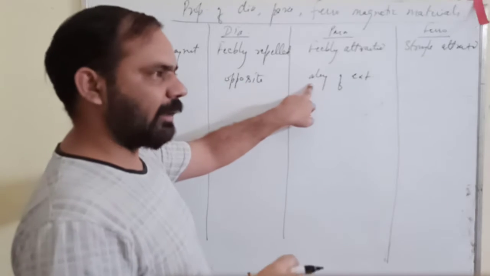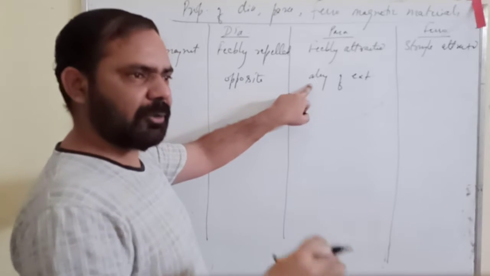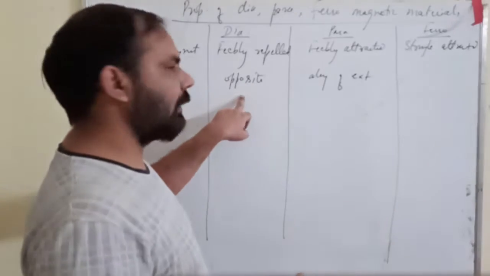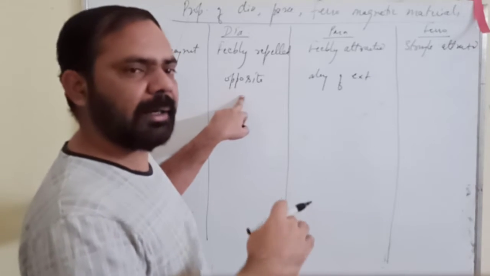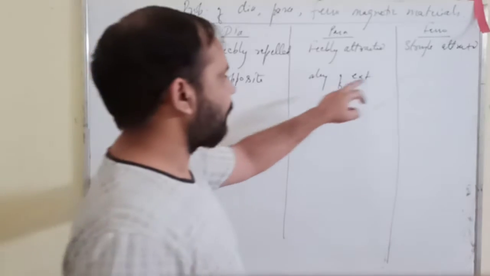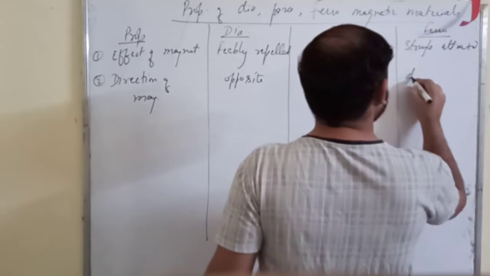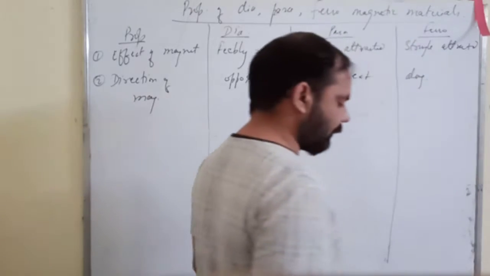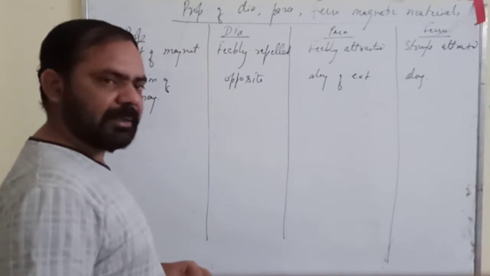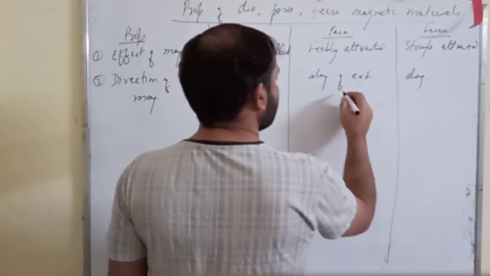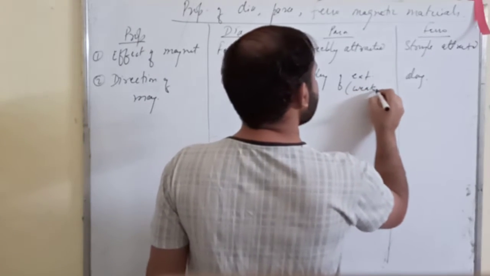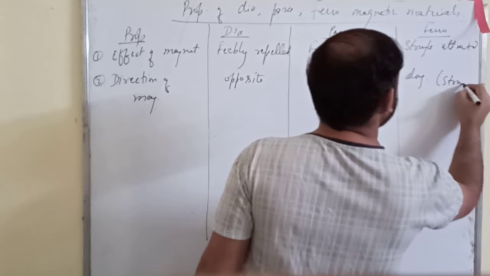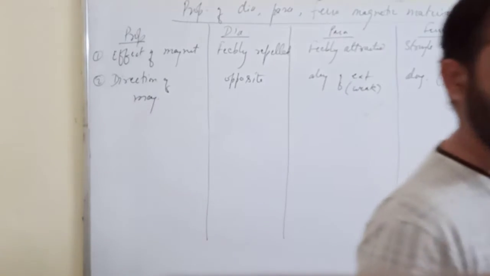Ferromagnetic materials also magnetize along the direction of the magnetizing field. Only difference here is weak magnetization, here strong magnetization takes place.